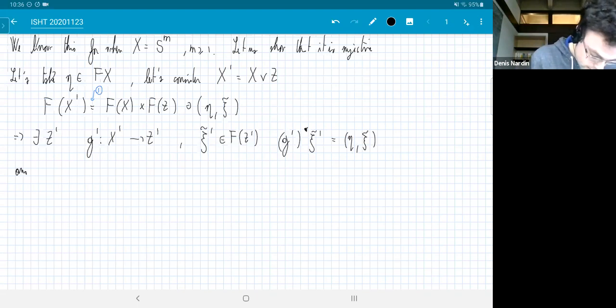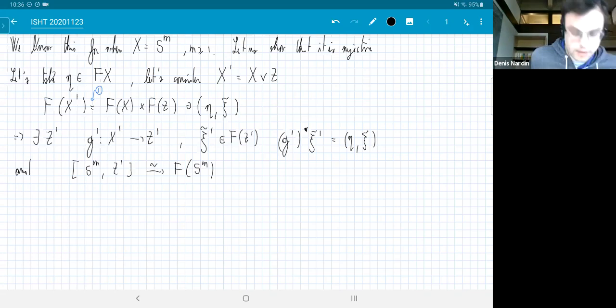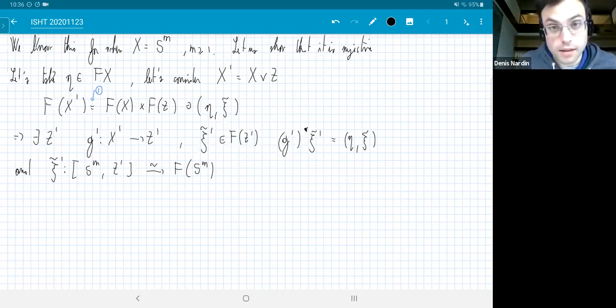And this map is a bijection, the map obtained by pulling back this psi tilde prime. I hope it's clear what I mean. It's the map induced by psi tilde prime under the unit embedding, but I don't want to overload the notation here. Okay, my claim is that z prime is actually going to be z again. Why is that?